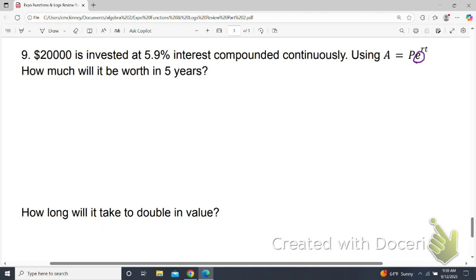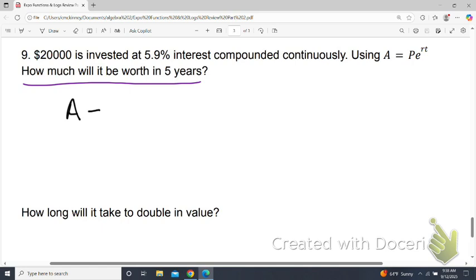Because I see the E. All right, so when I see the E, I know it goes along with natural logs. And this first part just asks, how much will it be worth in 5 years? Now, I did not make a separate question where you write the formula, because in general, I've given you the format for the formula. So this is what we're looking for.